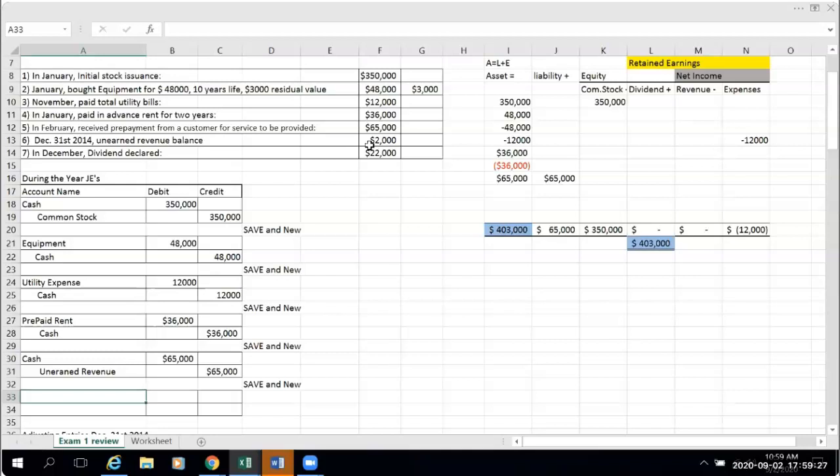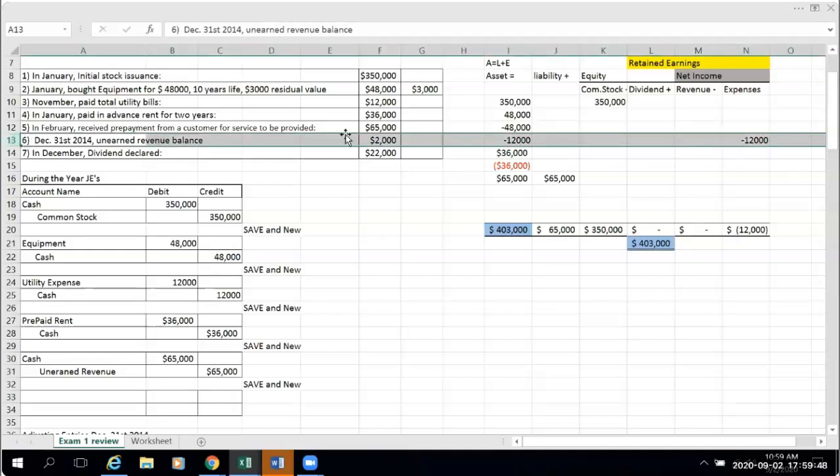They know how much of the service has been provided, and the accountant wants to know how much is provided and how much is not. So at the end of the year, we do some adjusting entries. So number 6 is very good information from the operating management to know what part of the unearned revenue is earned or not earned yet. And we will come back to this to do end of the year adjustments. But for now, keep it in mind.